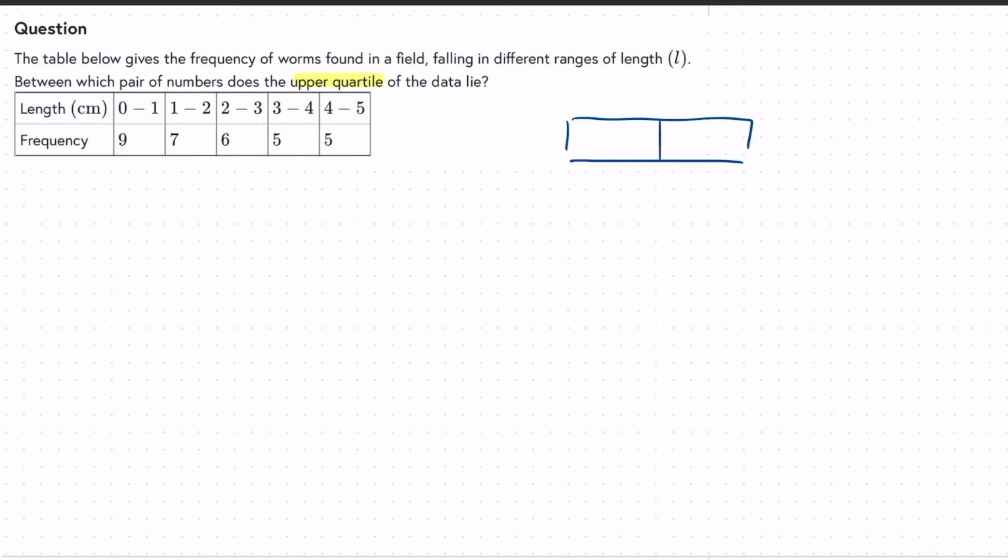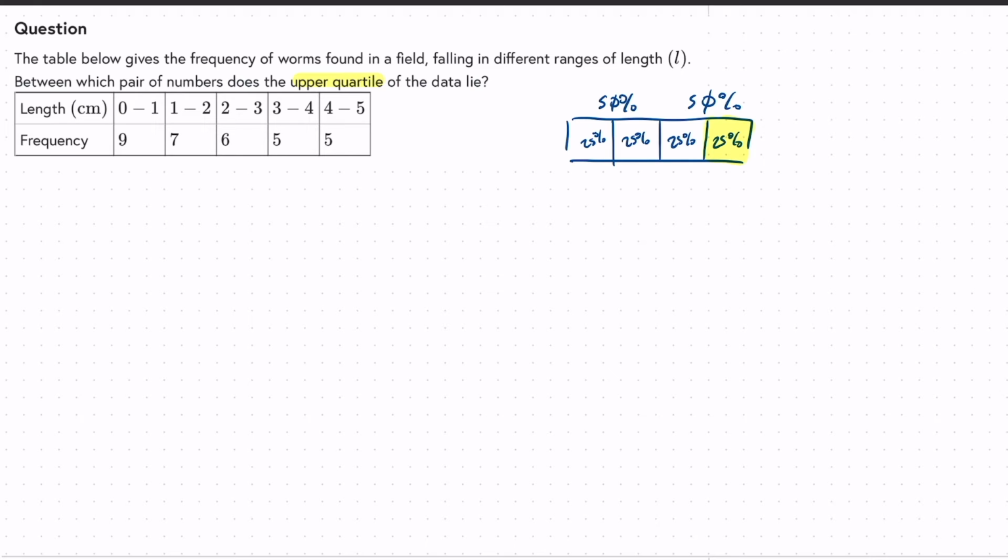If I divide it into 2, then 50% of the data is in this box, and 50% of the data is in this box. If I'm dividing it into 4 parts, quartiles, I've got 25%, 25%, 25%, and 25%. The upper quartile is going to be this space here.